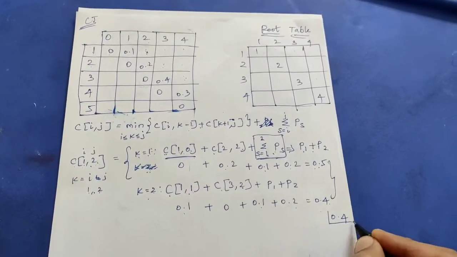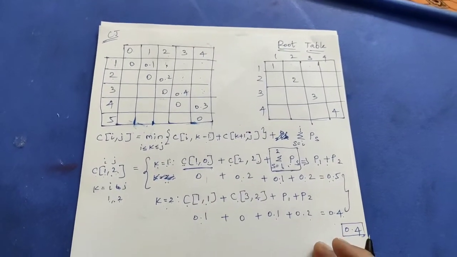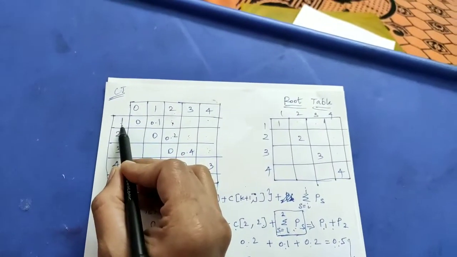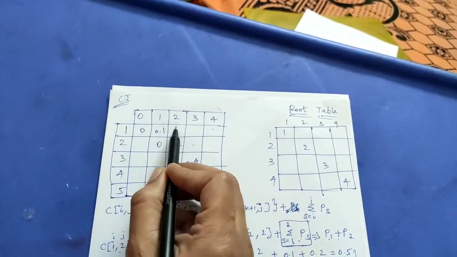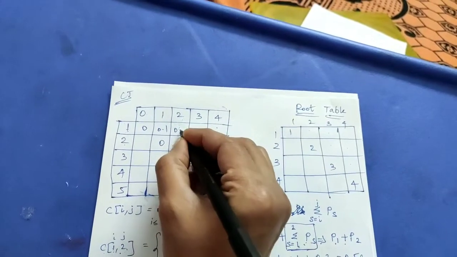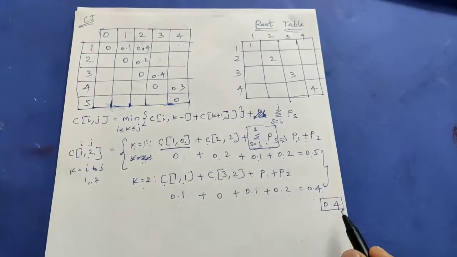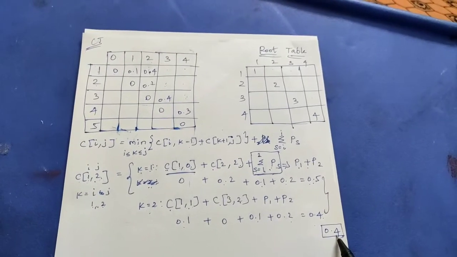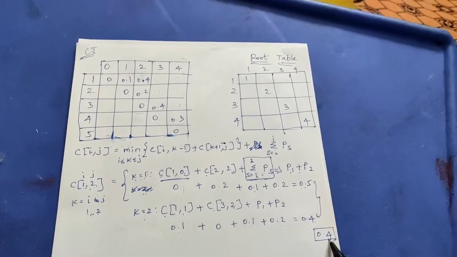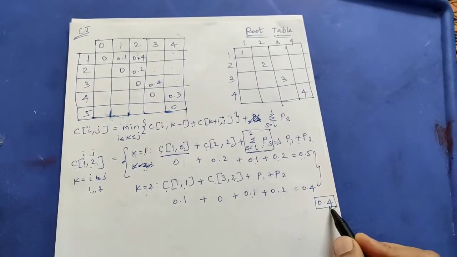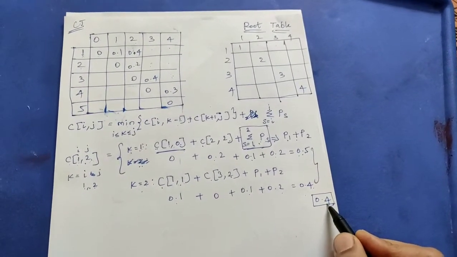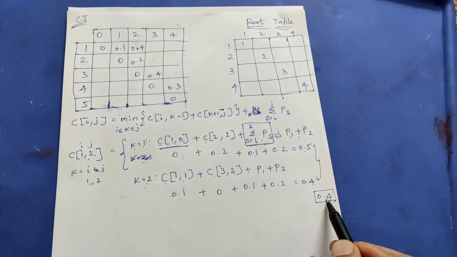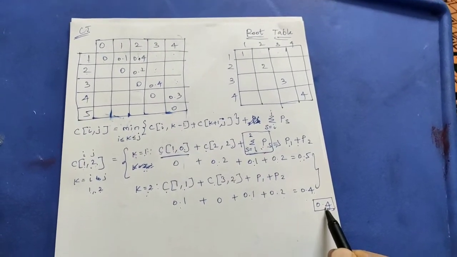So go to the location of cost table 1, 2. Look at the location 1, 2. Fill the value as 0.4, what we got as a minimum, and root table should be filled with the respective k value. Which k value has given you the 0.4 as the minimum? When you process k is equal to 2 only, you got the value as 0.4, which is a minimum.